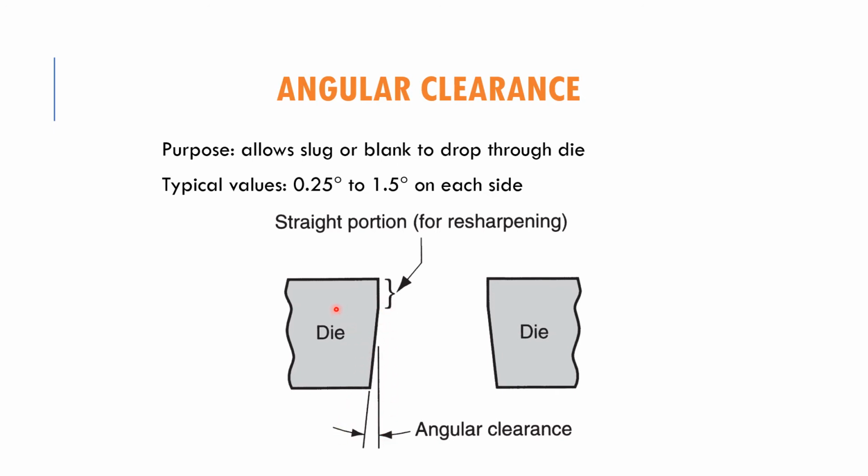The typical value for this angular clearance will be 0.25 degree to 1.5 degree on each side. So that when we perform the punching or the blanking process, it will be easier for the blank and also the slug to drop through this area.